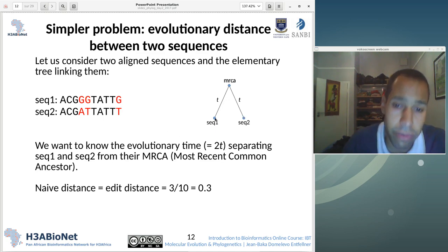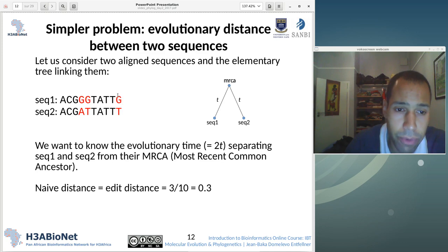So what's this time? The first trial to get what this duration can be is to count the number of differences between these two sequences. We look at the nucleotides and we see that we have 1, 2, 3 positions where the two sequences differ.